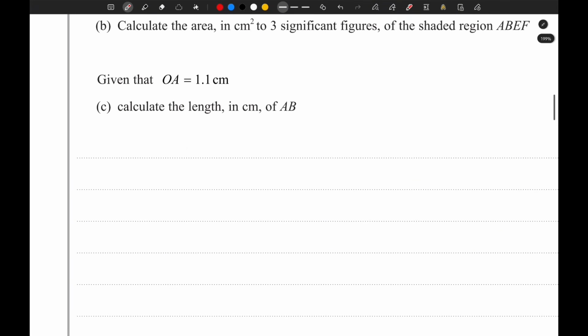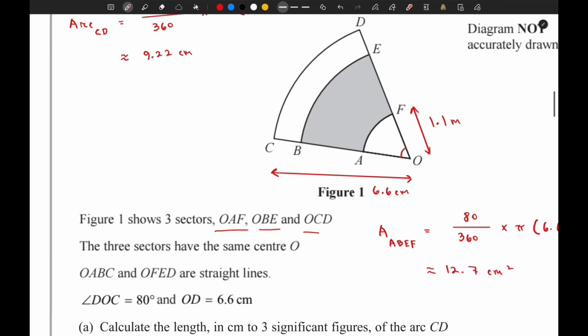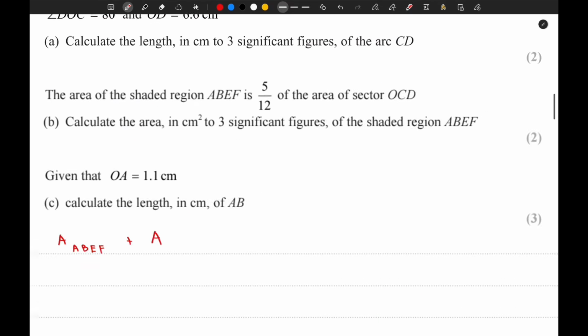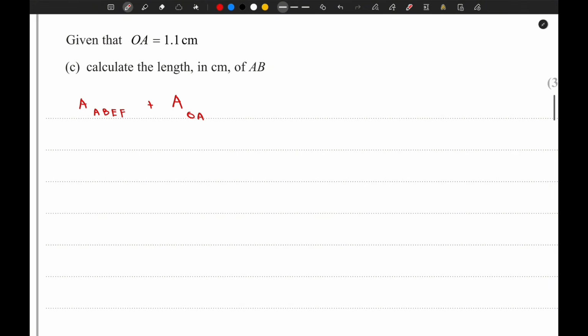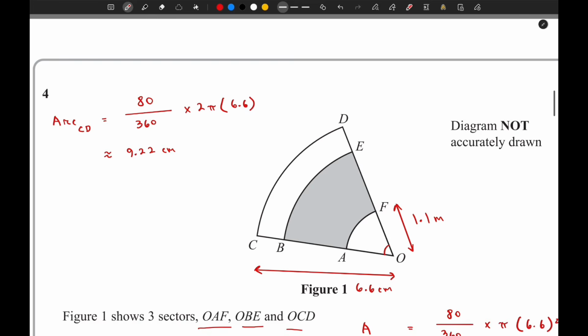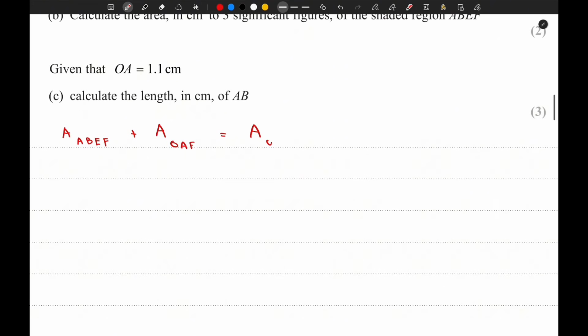We know that the area of ABEF plus area of OAF is equal to the area of OBE. This is a sector and this is a sector as well.